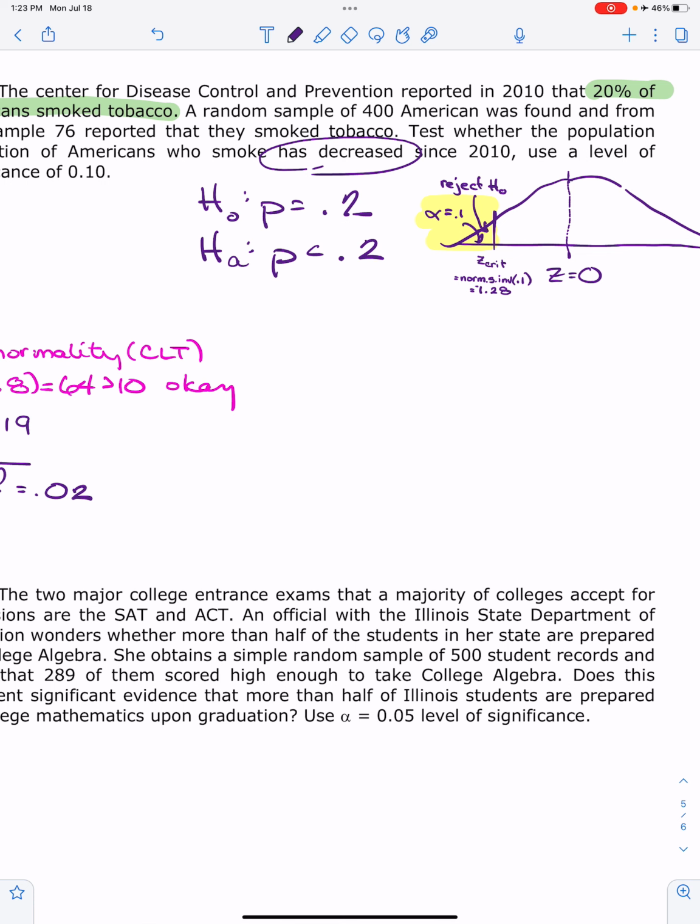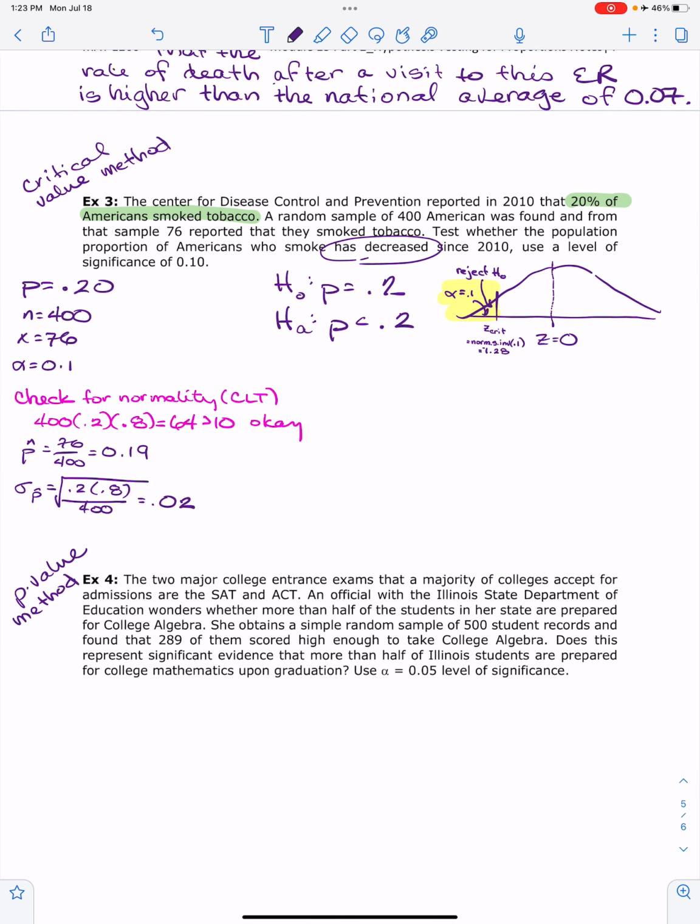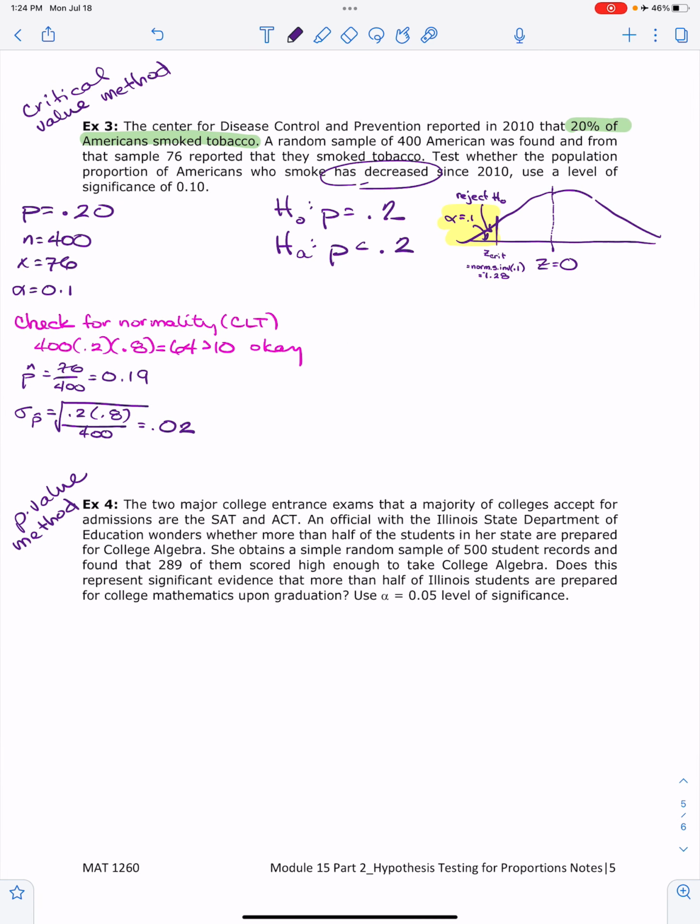Okay, so let's see what we got. My z data: p hat minus p, all over my standard deviation. 0.19 minus 0.2, all over 0.02.